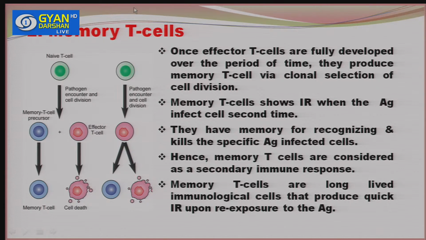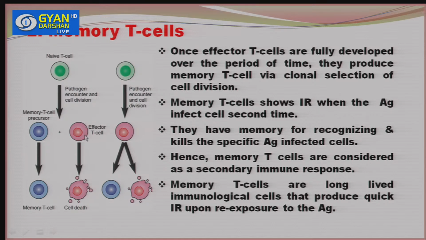Another thing I want to discuss: you have seen T cell activation, T cell differentiation and T cell maturation. Another very important cell is known as the memory T cell. Here the naive T cells are able to produce the memory T cell progenitors and effector cells.